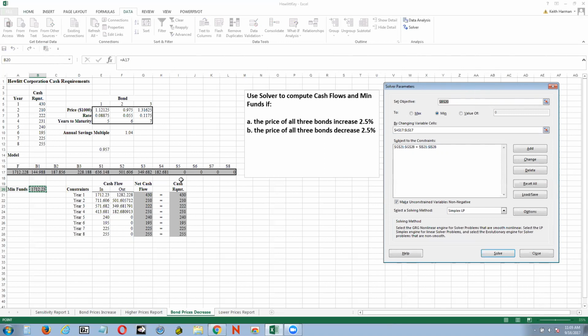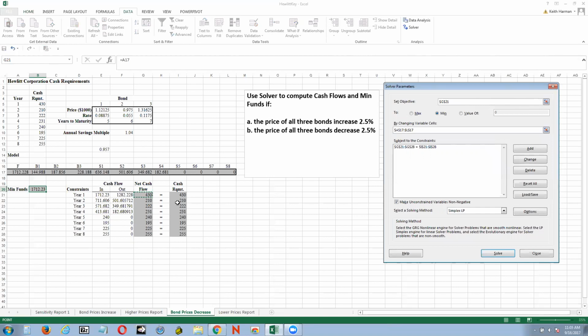And then the right-hand side of the equation, same story. You can see the left-hand side. And that equals A17, and you can come up over to, we'll find A17, and there it is. That's the cash flow in, that's the cash flow out, and the net cash flow.